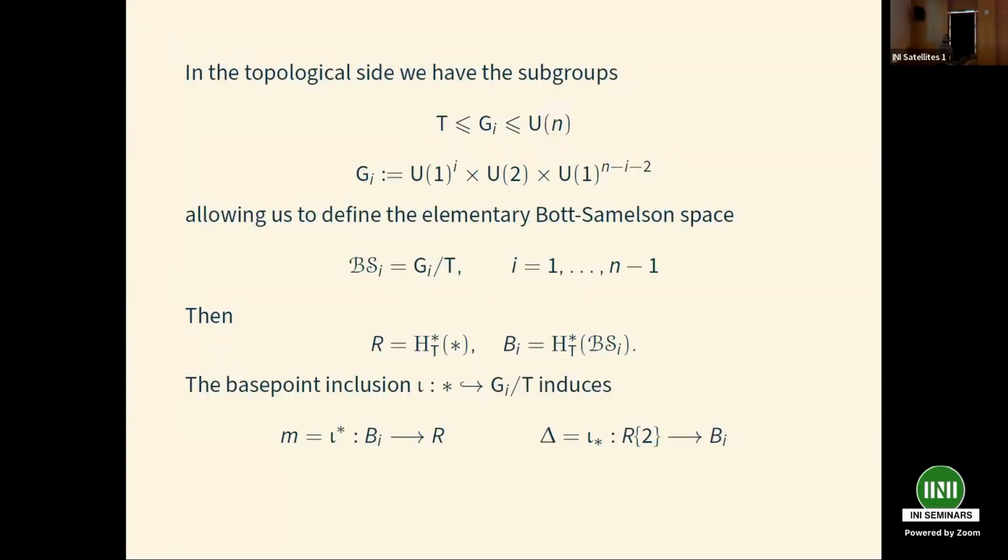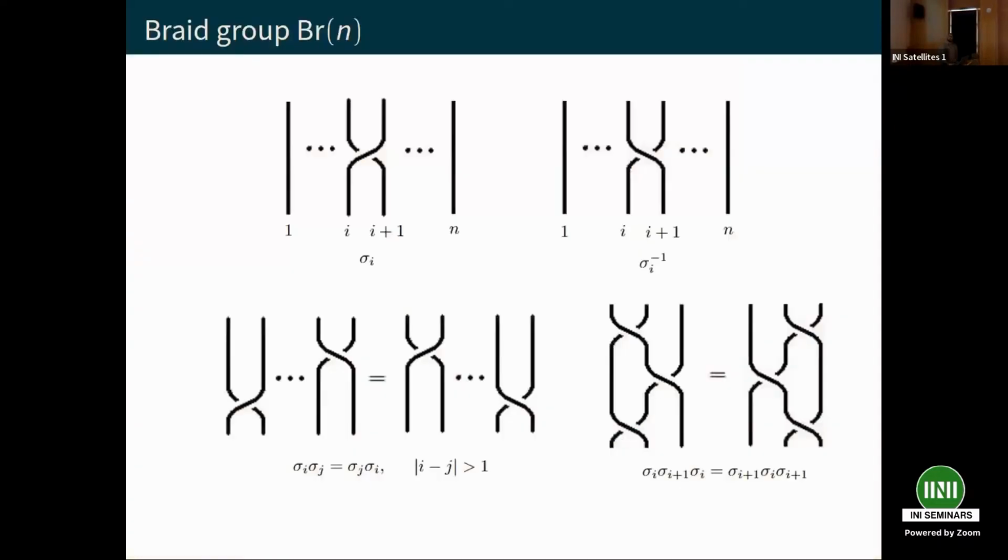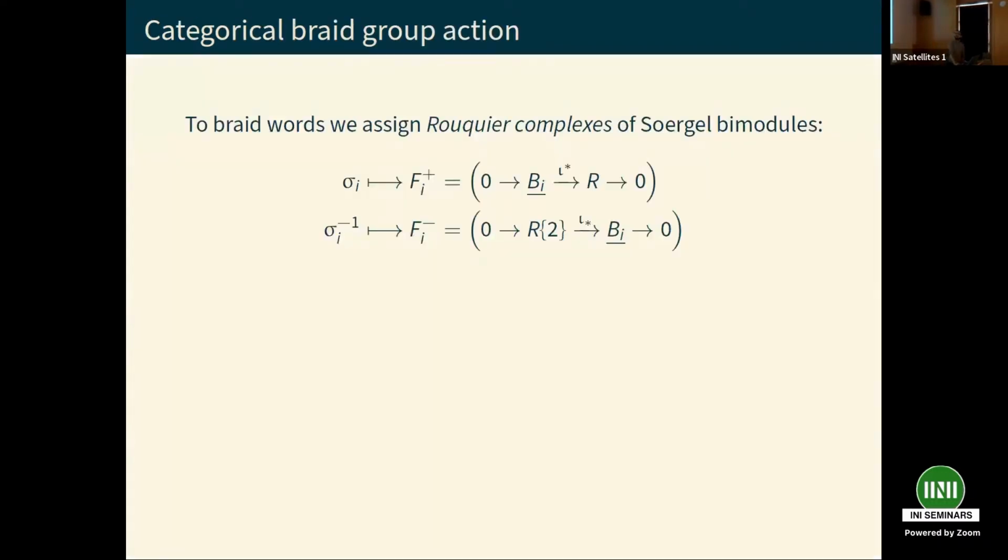And now I'm going to tell you how we use these things to talk about braid stability. So this is the braid group, a very well-known group. You can think of n strands as generated by twisting two consecutive strands, or the inverse of that generator is twisting the other way. You have group relations. And then Raphael Rouquier considered the following construction.